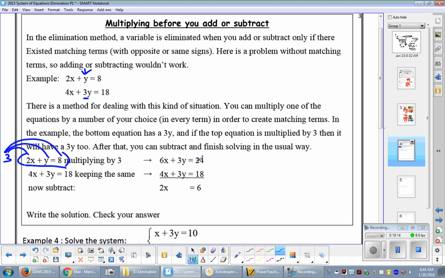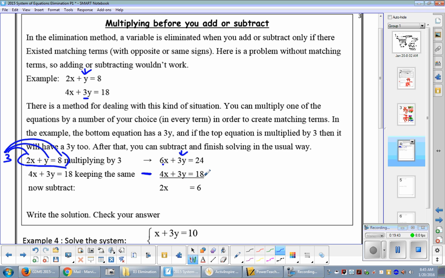Now look what happened. After multiplying by 3, I have like terms here, 3y and 3y. So we'll now be able to eliminate our y. I can eliminate y here by subtracting. Once we subtract, we'll get 6x minus 4x, which gives us 2x. 3y minus 3y is 0, and that was our plan earlier, to eliminate our y.